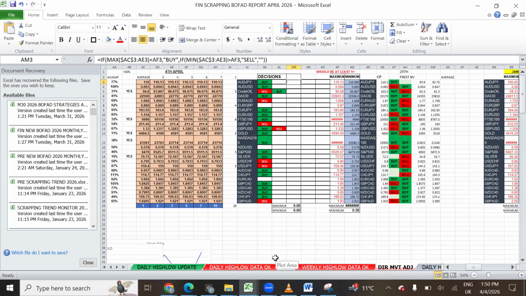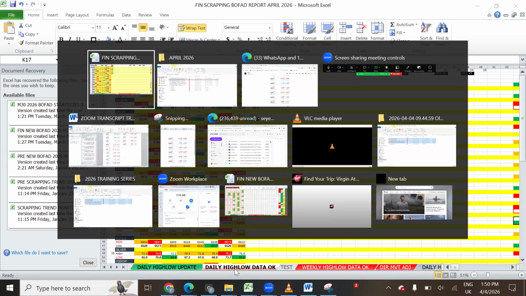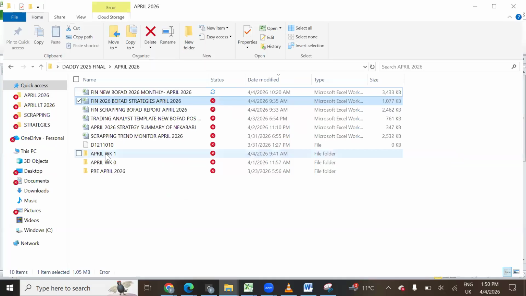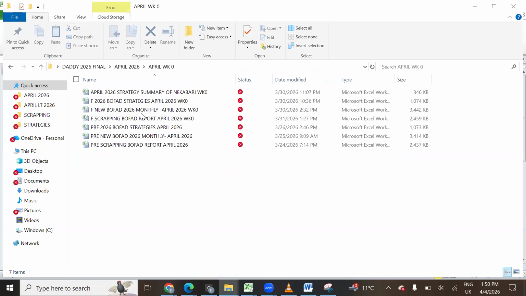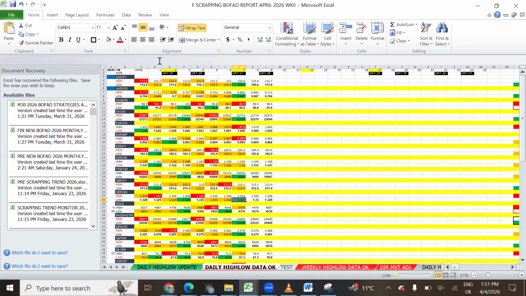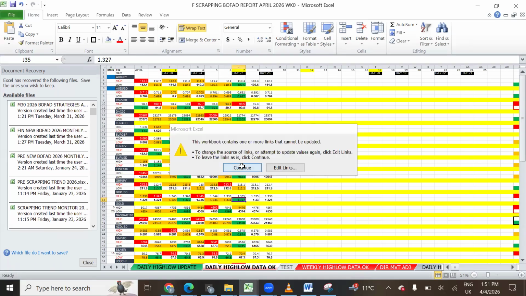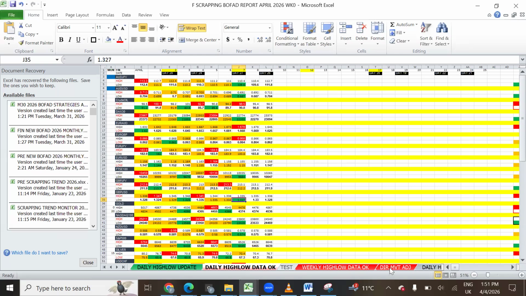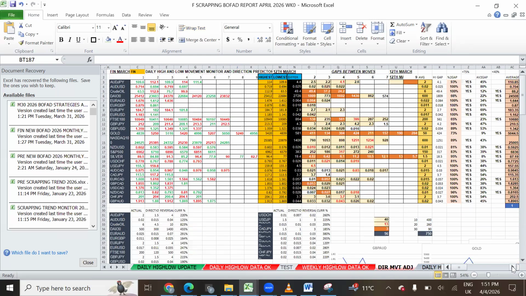This is scrapping daily high and low data. Okay, yes, perfect. So this is scrapping reports. We're going to look at scrapping reports in our week 0. So F scrapping, you can see this is it.